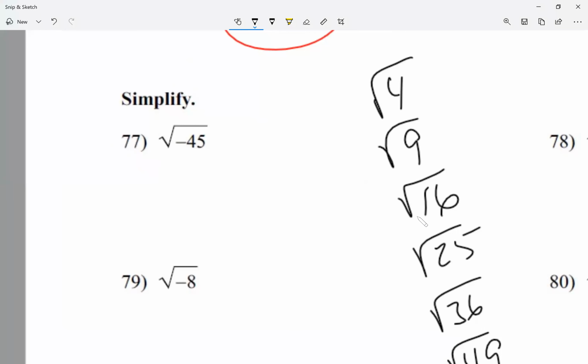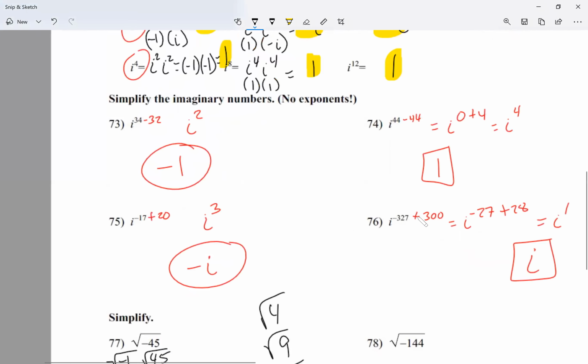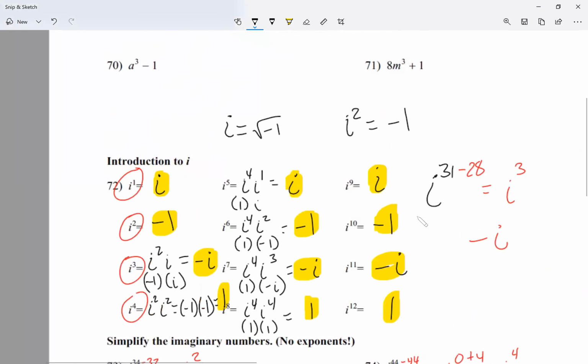So I'm going to split this as a multiplication: negative 1 times 45. The negative 1, because I know what the square root of negative 1 is. Let me come back to our notes and remind you.